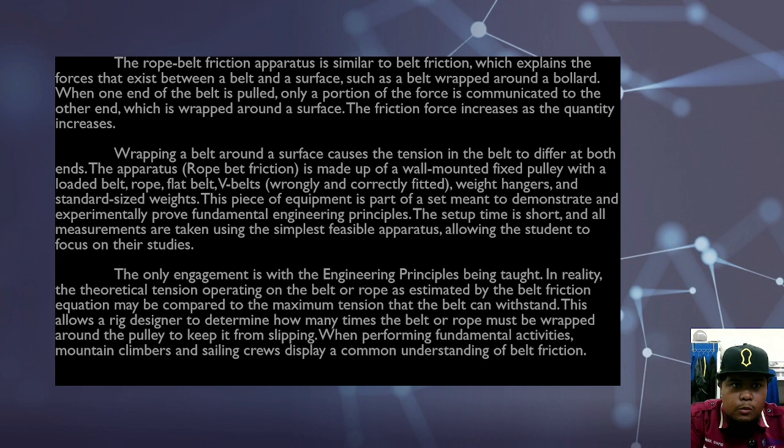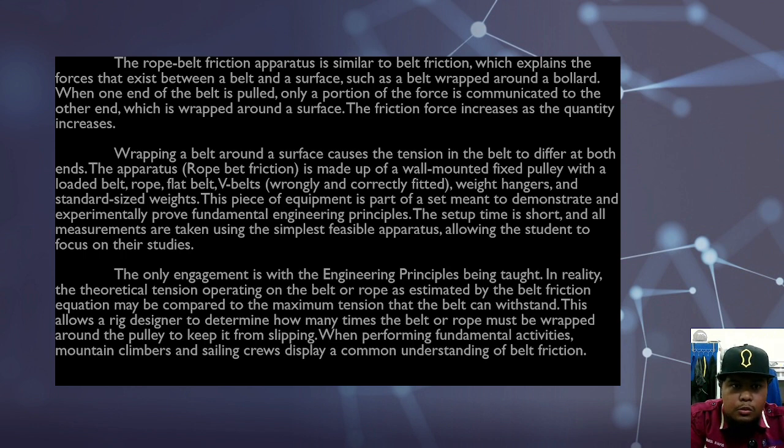When one end of the belt is pulled, only a portion of the force is communicated to the other end, which is wrapped around a surface. The friction force increases as the wrap angle increases. Wrapping a belt around a surface causes the tension in the belt to differ at both ends.